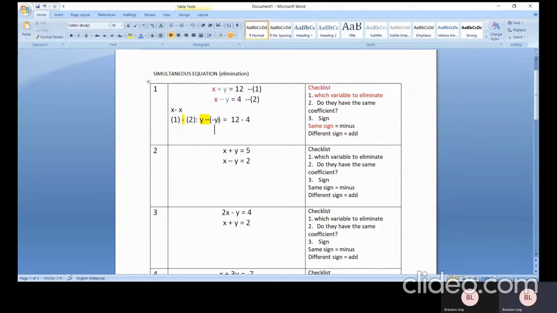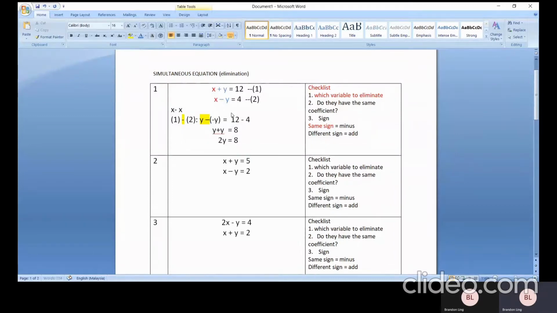So y minus y, you get 0. Equal to 12 minus 4, you get 8. The next step will be 2y equals 8. And lastly, y equals to 8 divided by 2, you get 4.